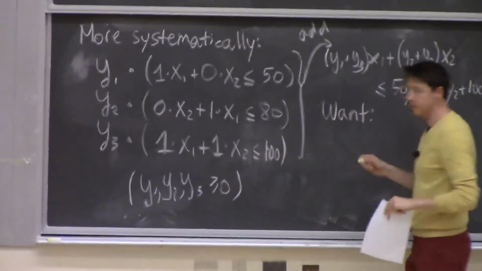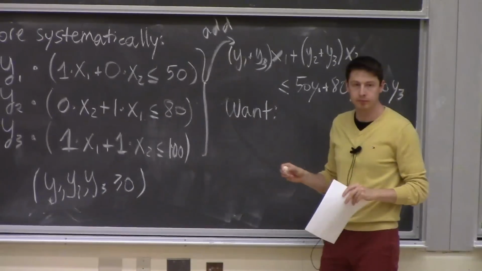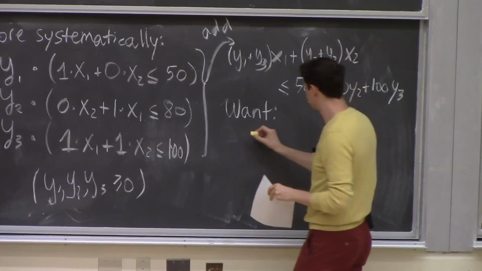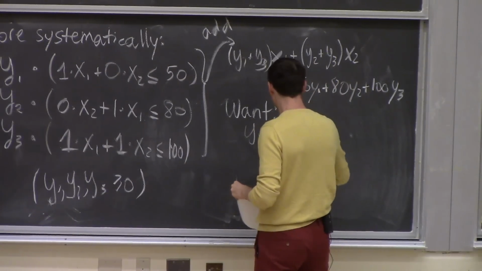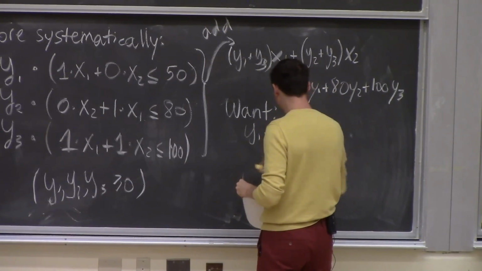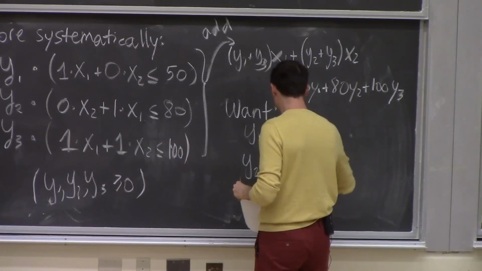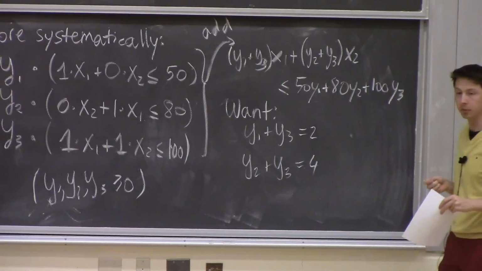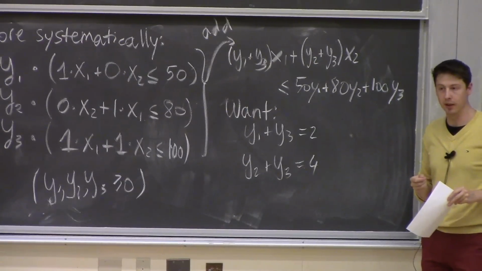What are those constraints? Yeah? y1 plus y3 has to be 2. Okay, so let's write y1 plus y3 equals 2, and the other one, y2 plus y3, is going to equal 4, right? These are the coefficients that I'm trying to target, right?